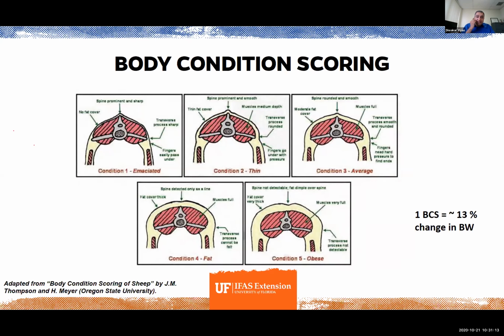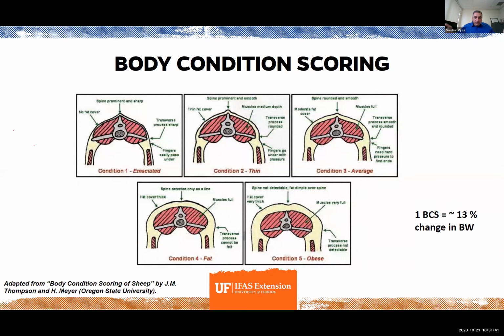So what do I mean when I say body condition score? We have to feel the spine, the prominence of the spine, and how sharp the spine is, and how sharp the transverse processes are on the side. If you can feel the spine very prominent, and there is no layer of fat, I mean, this is an emaciated sheep.